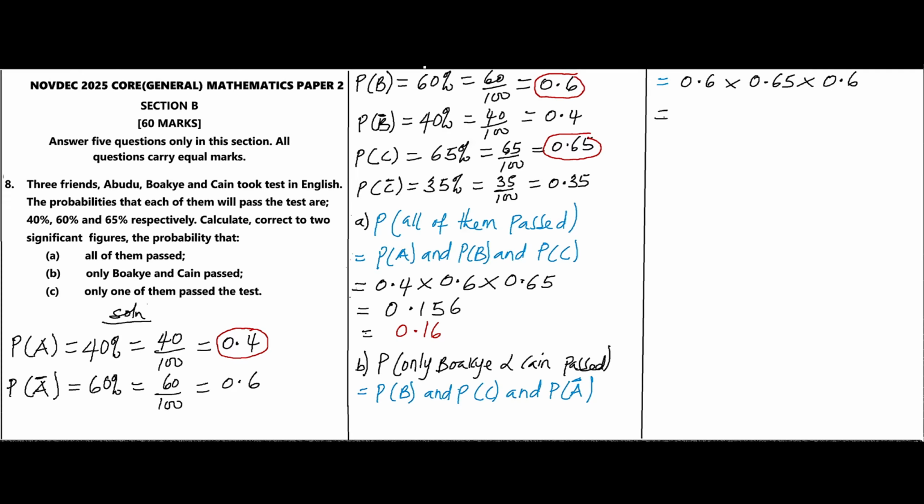Let's compute this. 0.6 multiplying 0.65 multiplying 0.6. So we have 0.234. Two significant figures. The first significant number, the second significant number. You know that 4 is less than 5, so you cannot round up. So we have 0.23.